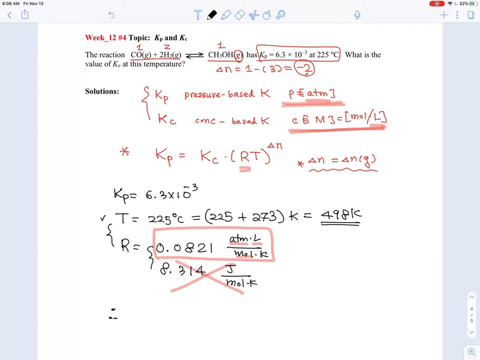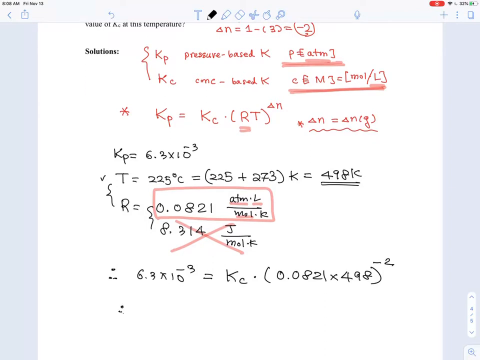So Kp is 6.3 times 10 to the minus 3, that's the Kp value. And the Kc value, which is what I want to know, is 0.0821, and temperature 498 Kelvin, to the power of minus 2. Right?